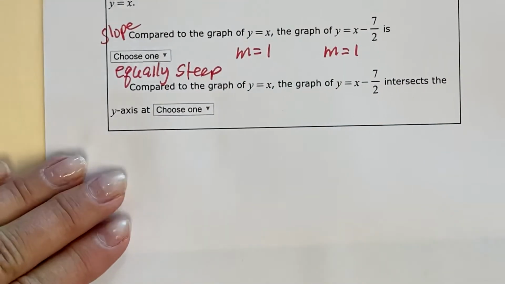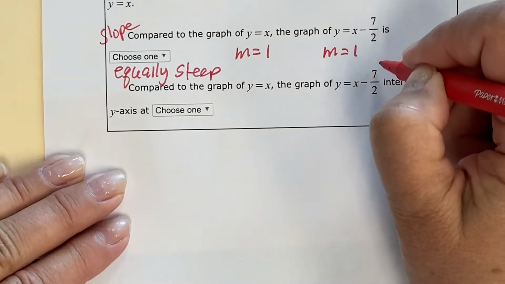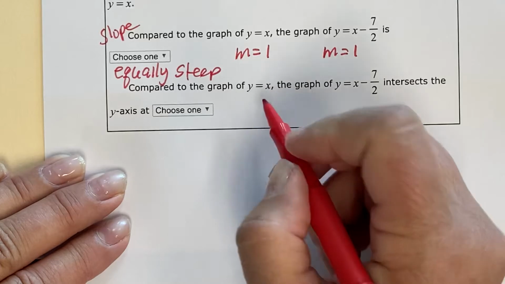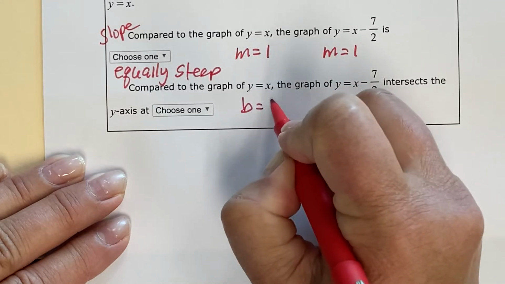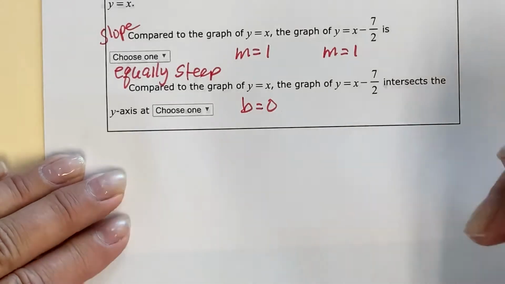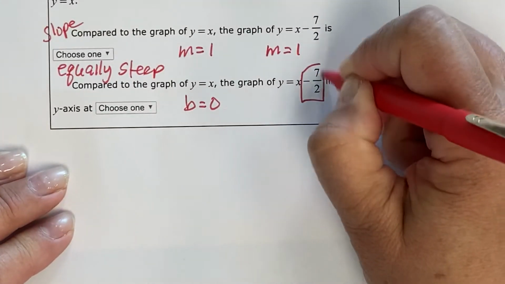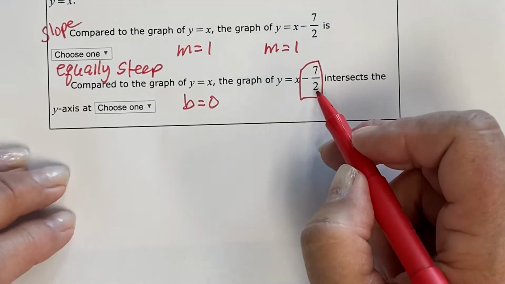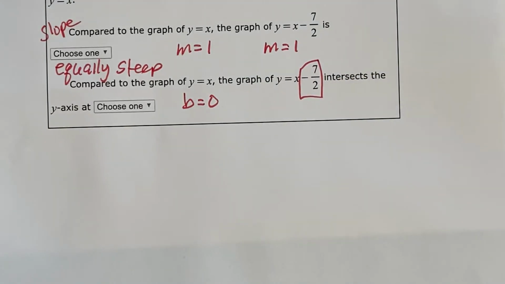Okay, now you're going to compare the y-intercepts. This one right here doesn't state a y-intercept because it's expecting you to know that it's intercepting at 0. This one does have a y-intercept. It's clear down -7/2, which is -3.5.